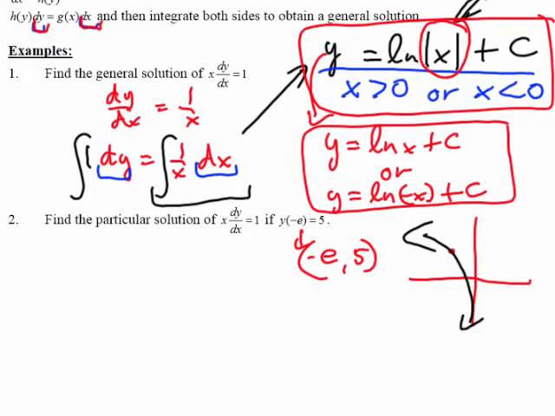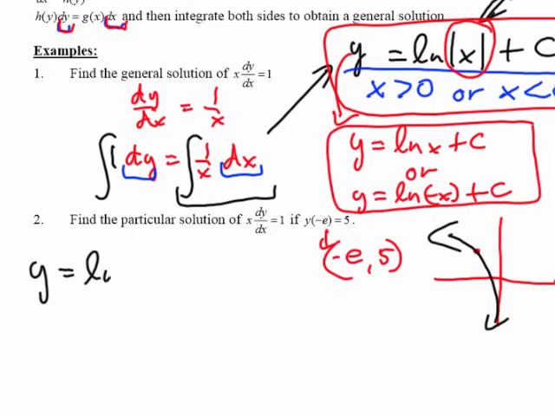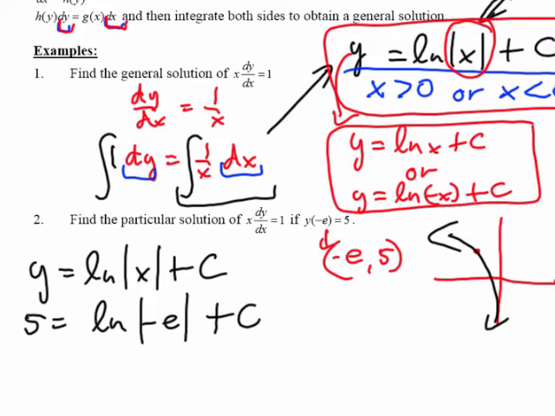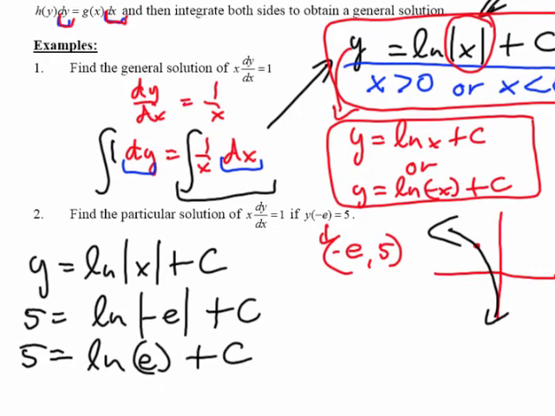If I took the absolute value form, there's my general solution. Let's substitute in my point to get my constant, to make it particular. ln of e we know is 1.